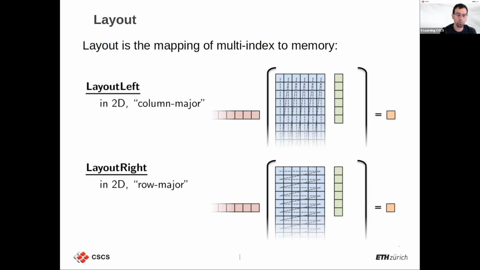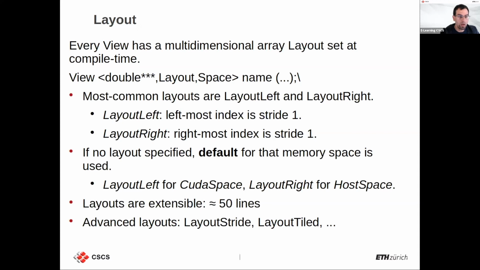It is also the key concept that led Kokkos to be performant, and I would say more performant than OpenCL and other paradigms. So in Kokkos, there is an additional template parameter called layout, and you can have multiple options. The most common are layout left and layout right.